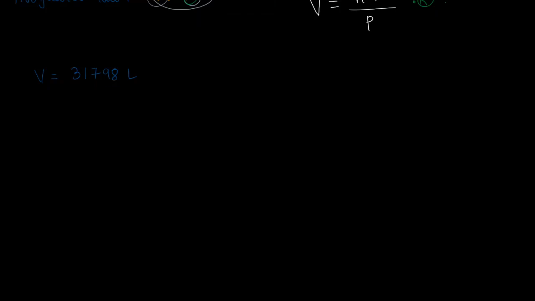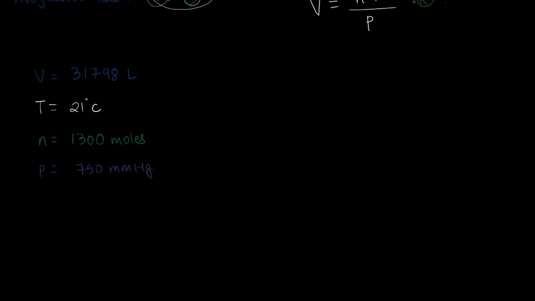The temperature at the time when this experiment was done is 21 degrees Celsius. The gas is hydrogen, and the number of moles is 1300 moles. And the atmospheric pressure is 750 millimeters of mercury.